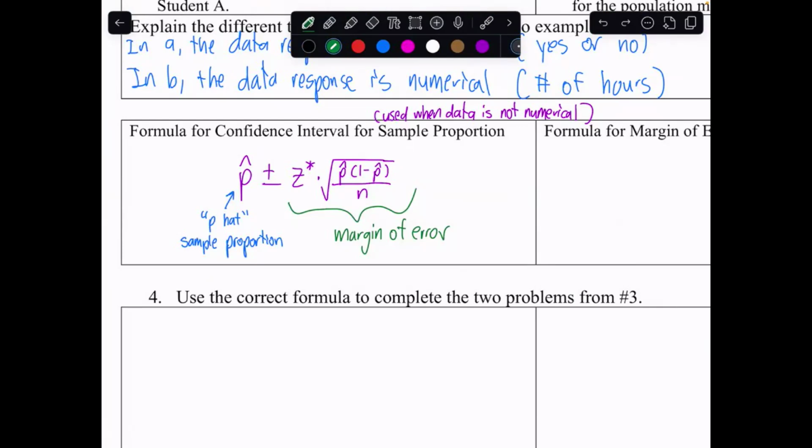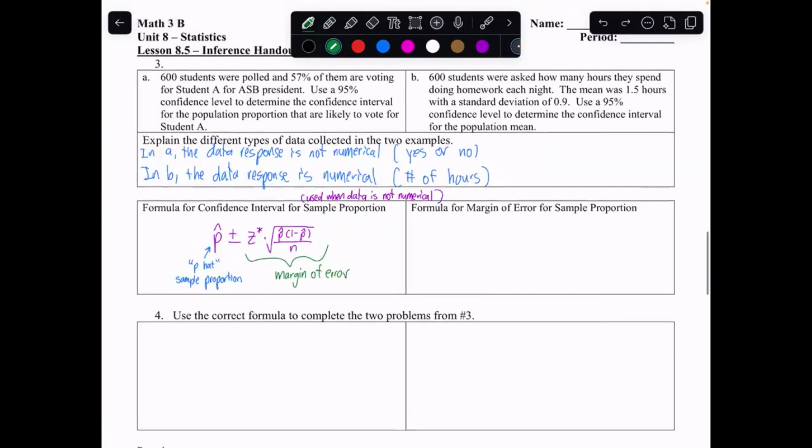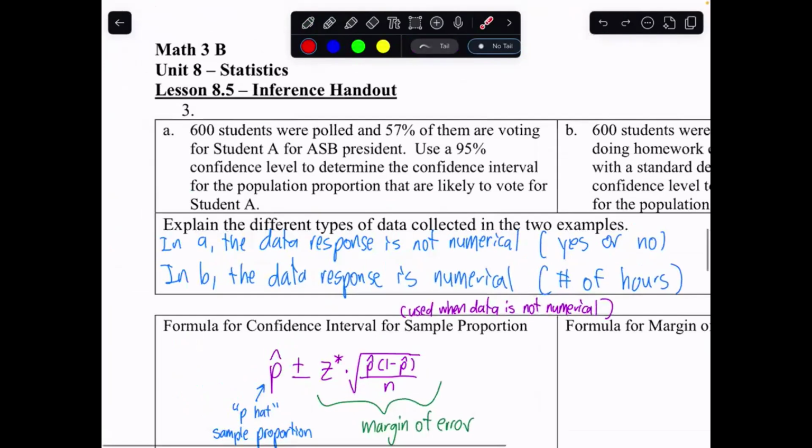Okay, so we're going to go back and now actually construct the confidence intervals for the two problems at the top of the page. Looking back at letter A, this is collecting non-numerical data. They're asking, are you voting for Bob, yes or no? Since the data is not a number, we use a sample proportion.